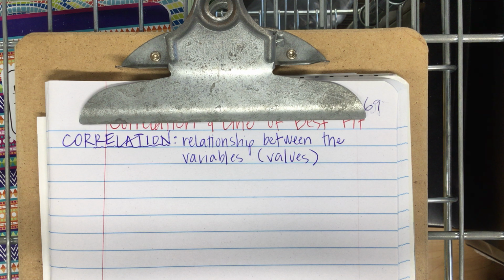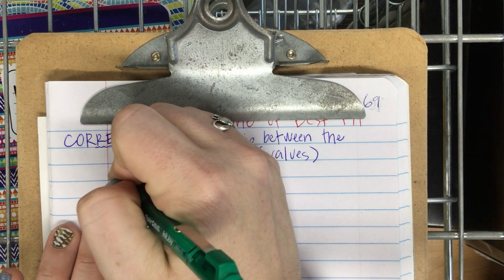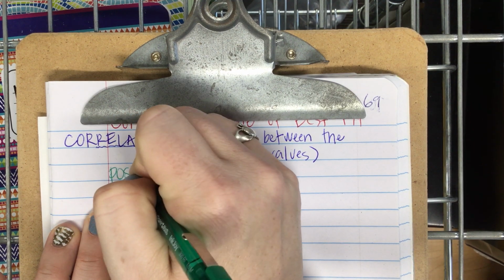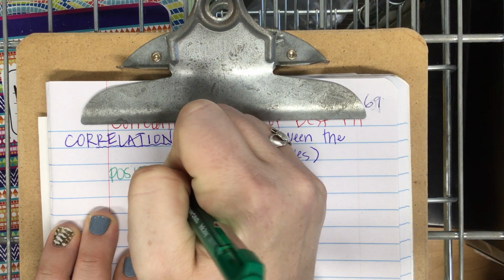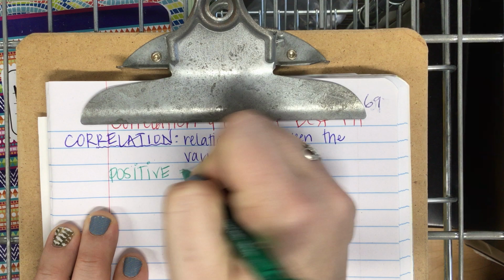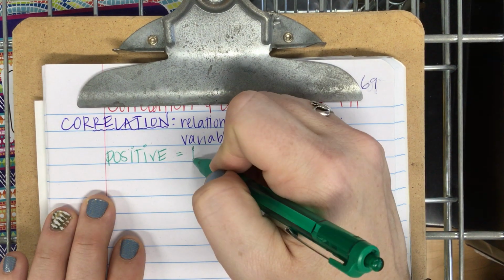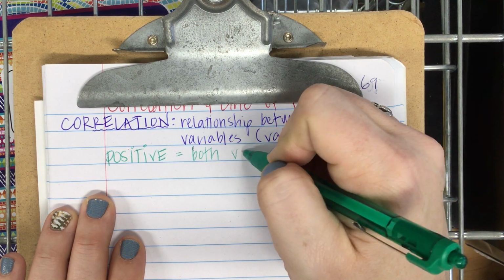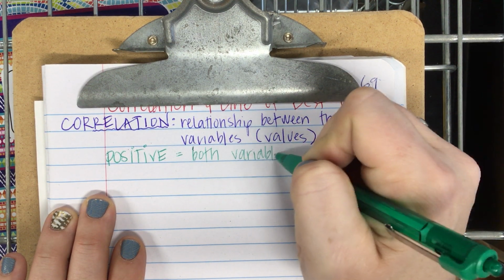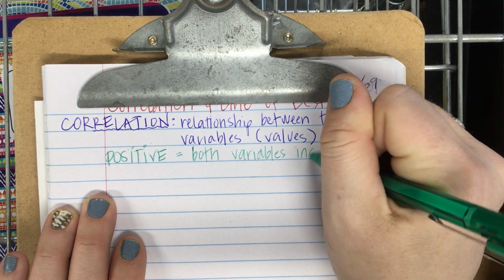And there are three types of correlation. There are different elements inside of each type, but there are three encompassing types. There's positive correlation, where both variables increase.